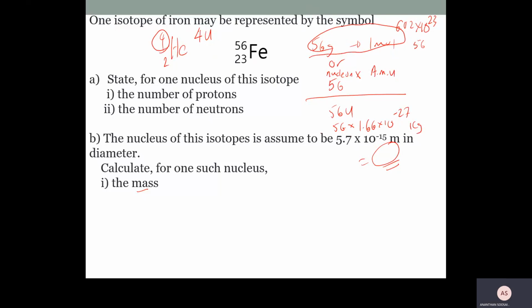So the number is the same. So both techniques can be used to calculate your mass, but I think the examiner prefers the second method more. Okay, so use the second method.